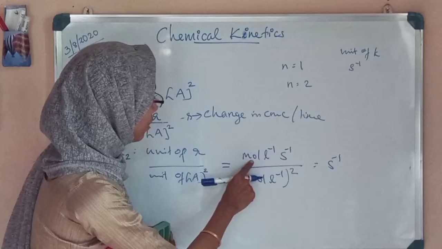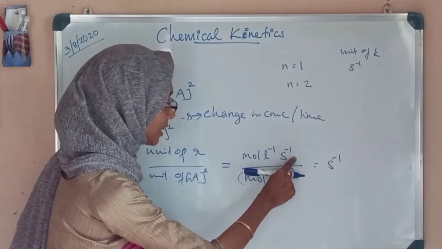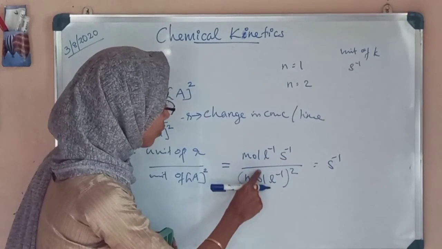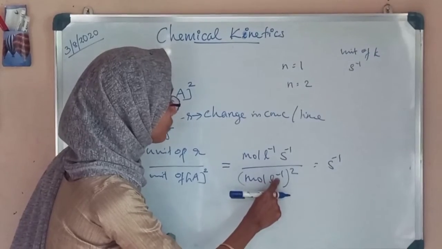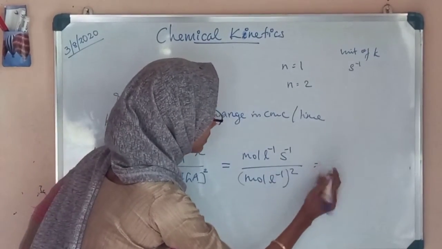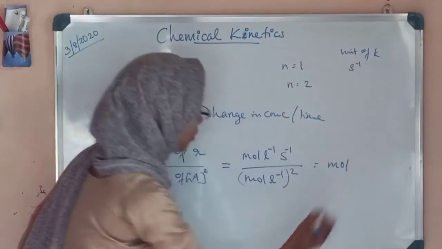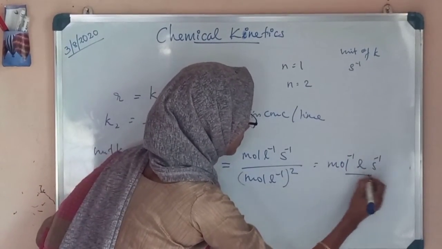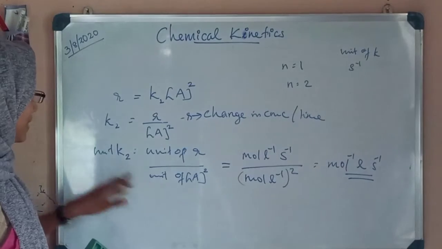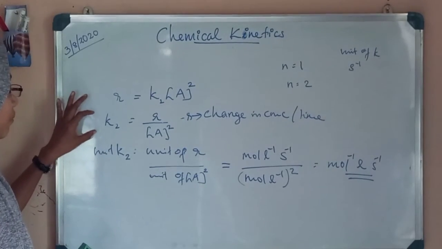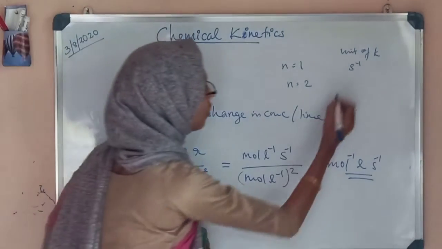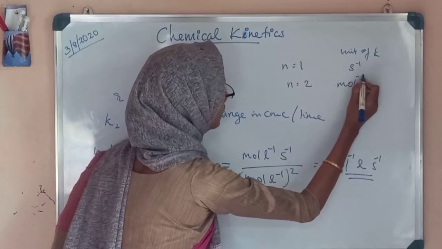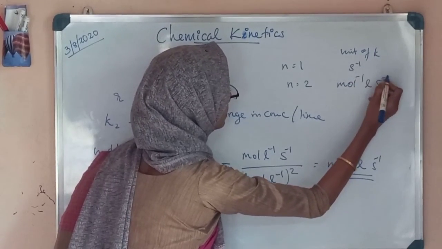It is equal to mole liter raised to minus 1 second inverse divided by mole square into liter raised to minus 2, which is equal to mole raised to minus 1 liter second inverse. That is, for a second order reaction, the unit of rate constant is mole raised to minus 1 liter second inverse.